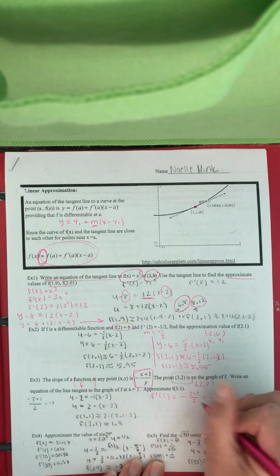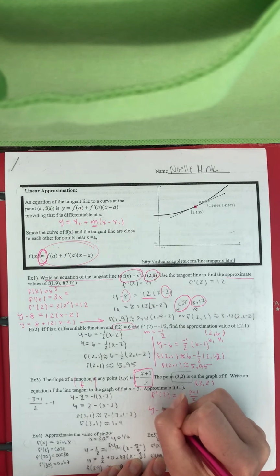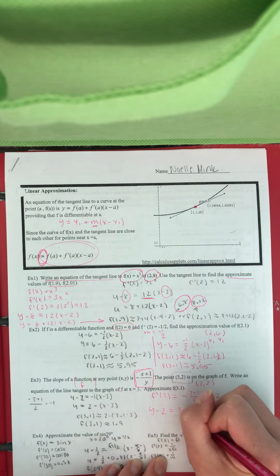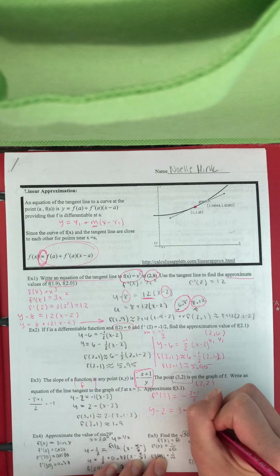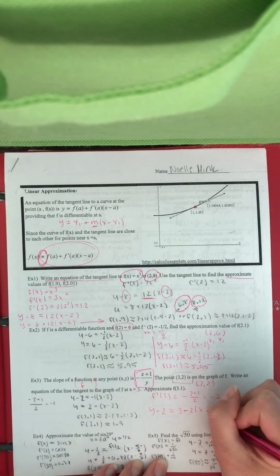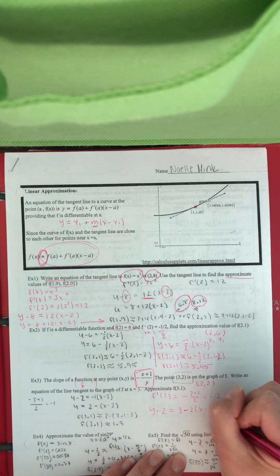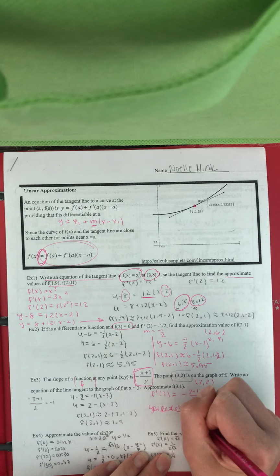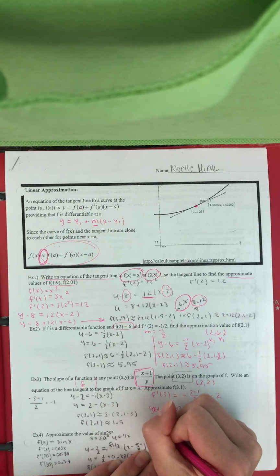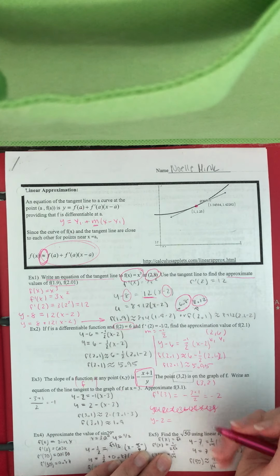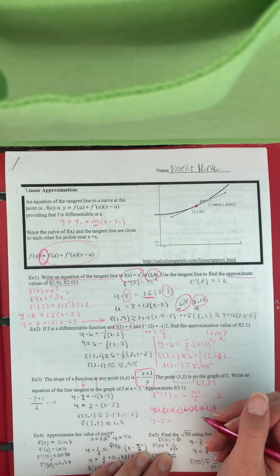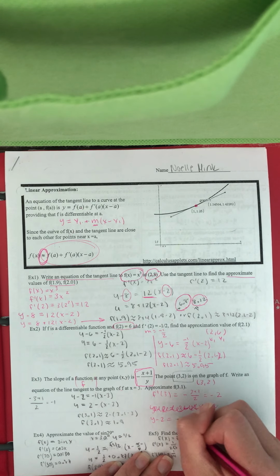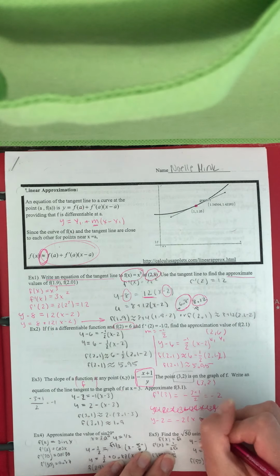So if you know that that's your slope, and you know that this is your point, y minus 2 equals negative 2 times (x minus 3). Got myself mixed up.